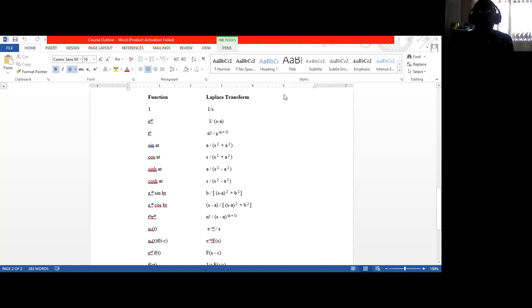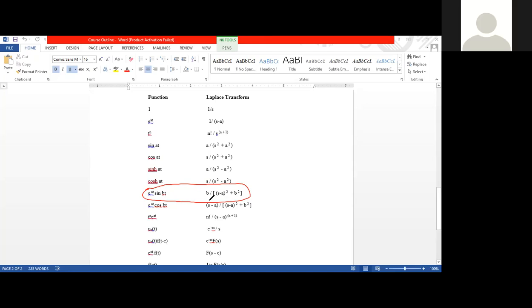The one that we would use for the transform is this transform here. So let me write it down. That's e to the at sine bt is equal to b over s minus a squared plus b squared.